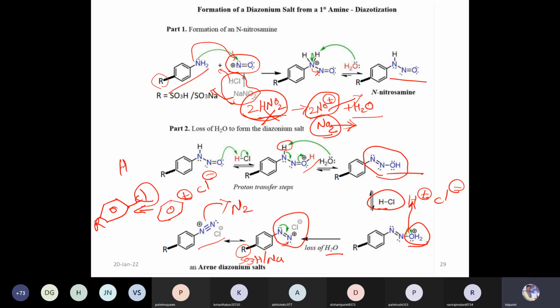So from water, ionization will take place and it will convert into H plus and OH minus. Then some amount of OH minus may attach over here. So unwanted phenol is also formed. So these are the issues with the diazotization reaction.